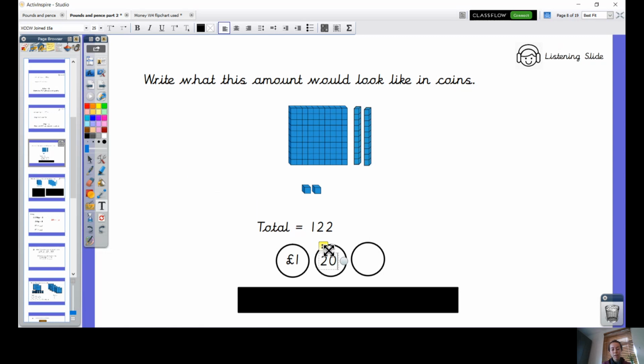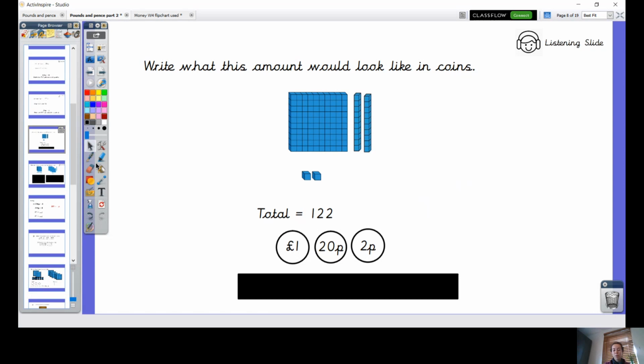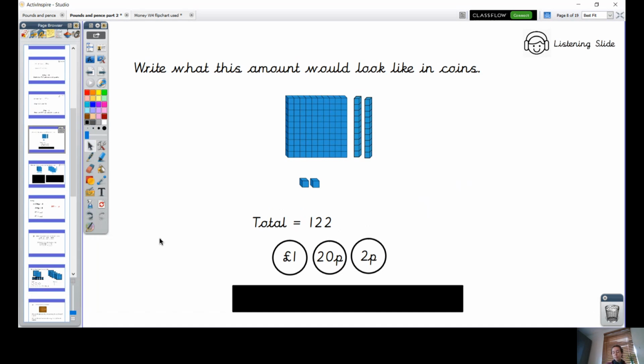Now, if that was a 30, is there such thing as a 30p coin? No, we'd have to use 2 coins there, wouldn't we, to represent 30. And then if I look at my ones column, I've got a 2. Is there such thing as a 2p? Yes, there is a 2p coin. So that would be my coins.